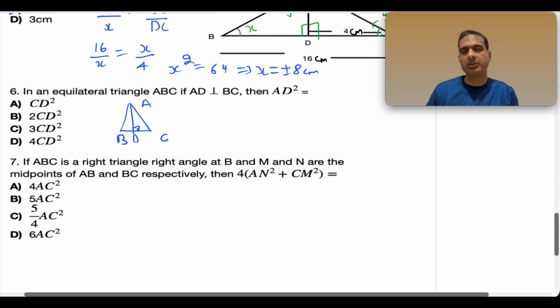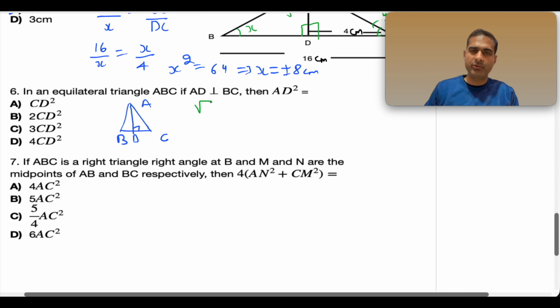AD is the height of the equilateral triangle, and we know in an equilateral triangle its height is given by root 3 by 2 times the side of the triangle. And if we don't know, you don't need to worry, you can figure it out.